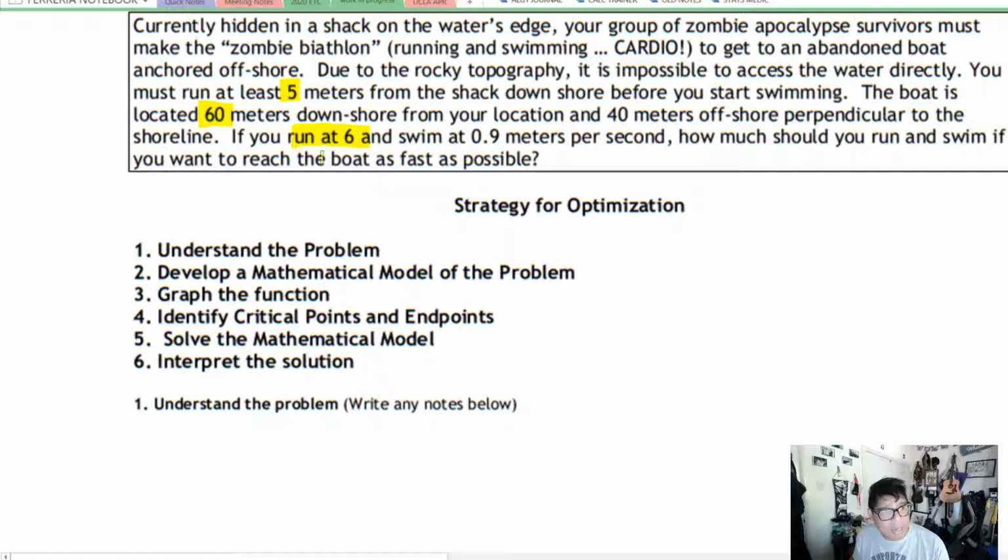We'll talk about that in a minute. And then we have 0.9 meters per second for swimming, and we have to swim at least 40 meters, maybe more. And with a combination of running and swimming, we'll get to that boat.